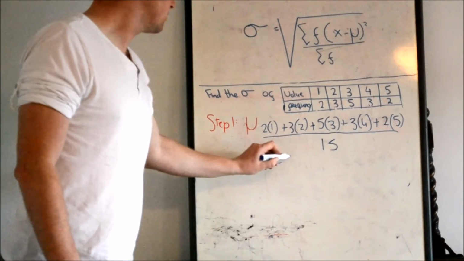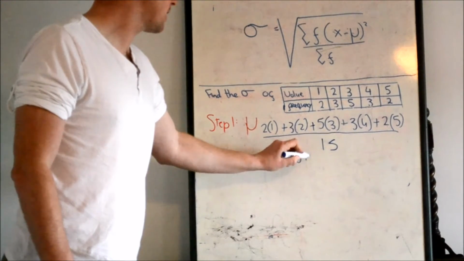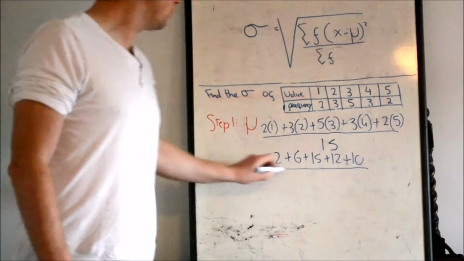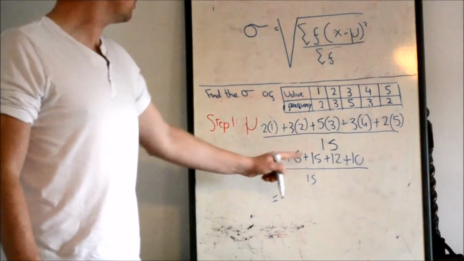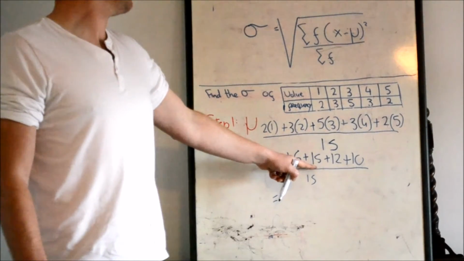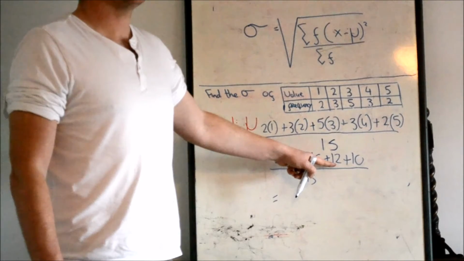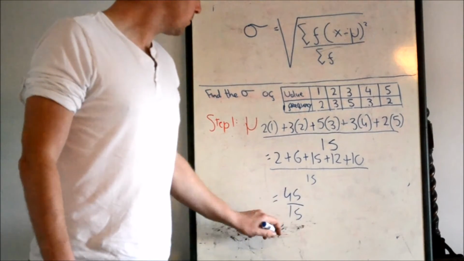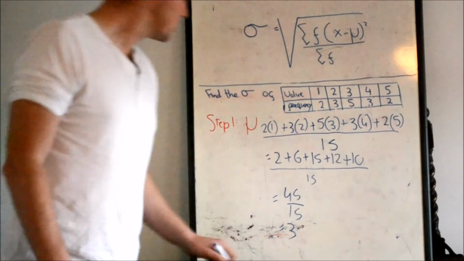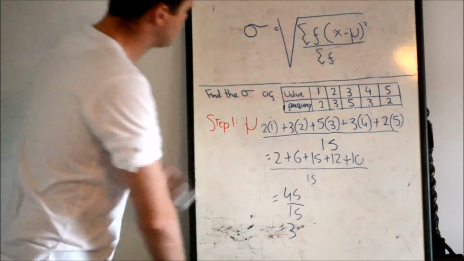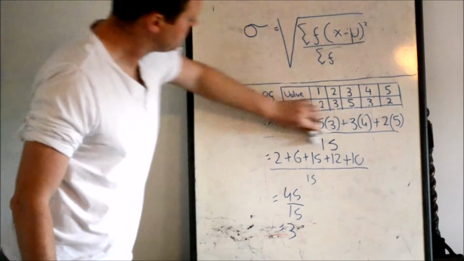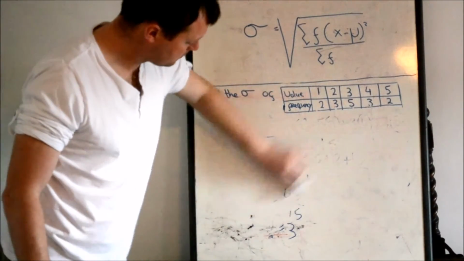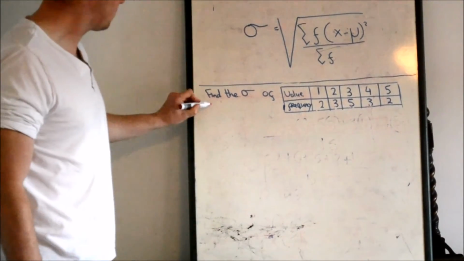So we have 2 plus 6 plus 15 plus 12 plus 10 all over 15, which equals 2 and 6 is 8, and 15 is 23, 35, 45 over 15, which, nice round number, 3. So our mean is 3. Okay, so just to save space, I'm going to get rid of that, but you do know our step 1, find the mean, and in this case our mean is 3. So I'll just write that up, I won't forget.